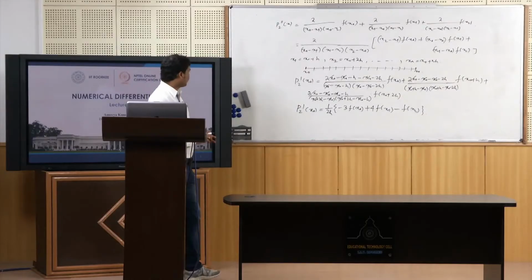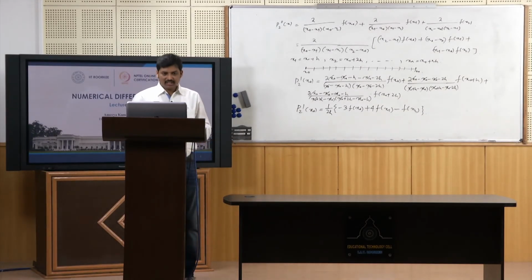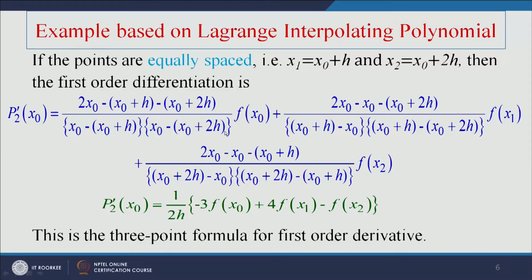So, for the first term, it is in the form of minus h minus 2h, so that is why this is minus 3h, and the lower one also is minus h, minus 2h, so minus 3h here, then f of x0.